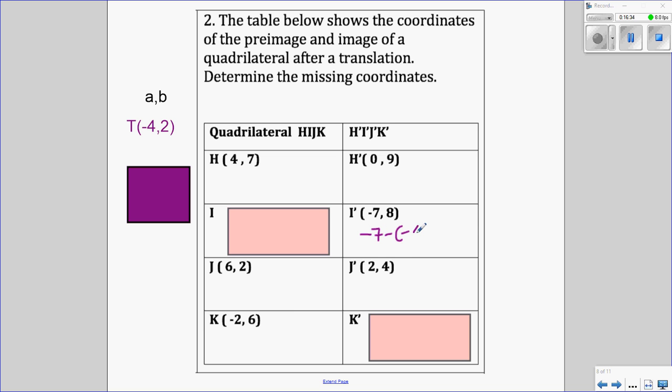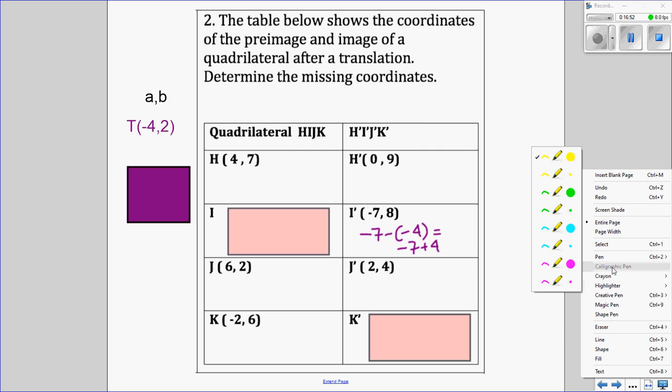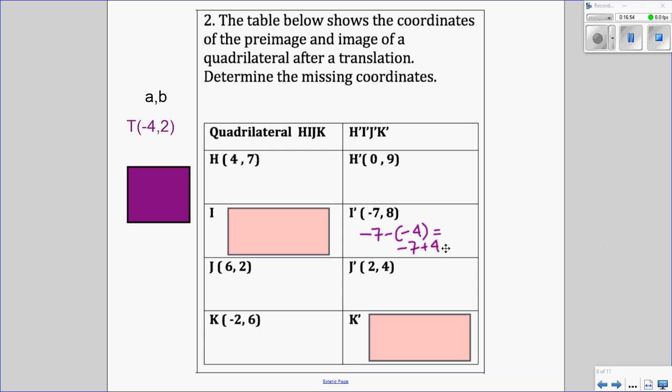So that will turn into negative 7 plus 4. That's why it's best to write it. If you can do it mentally and do it correctly, fine. If you're not so sure, write it. So when you do that, that will give you a negative 3. And then for the other one, 8 minus 2 gives you 6. So there you go.